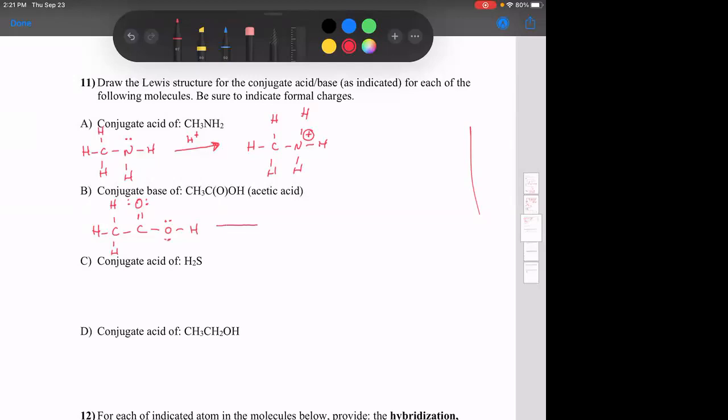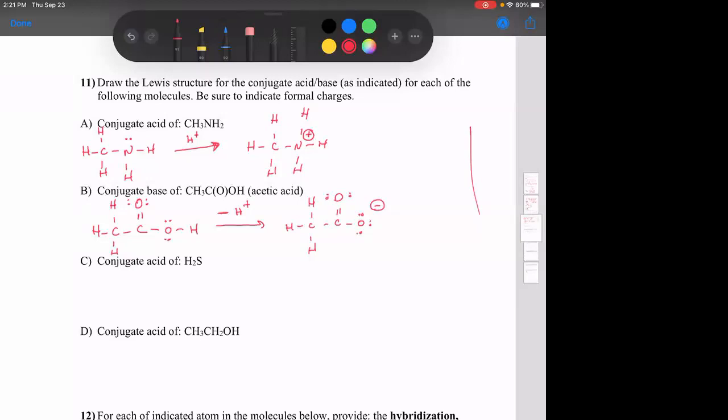So what's happening here is we are losing a hydrogen, so I'm going to write minus H+. That hydrogen is going to come off the oxygen. We get a negative charge because we've lost the hydrogen.